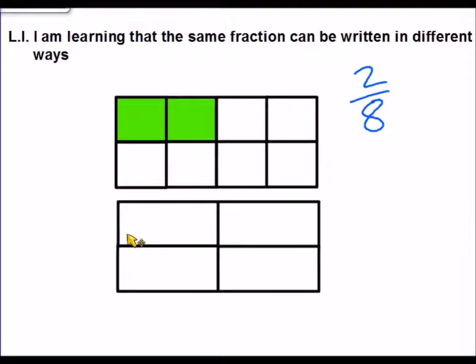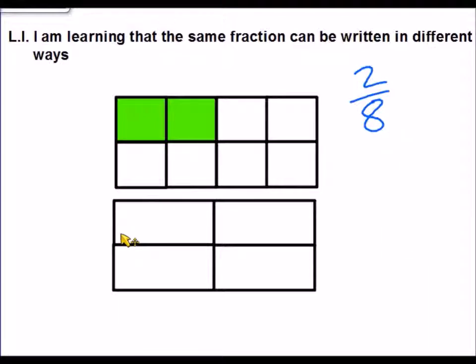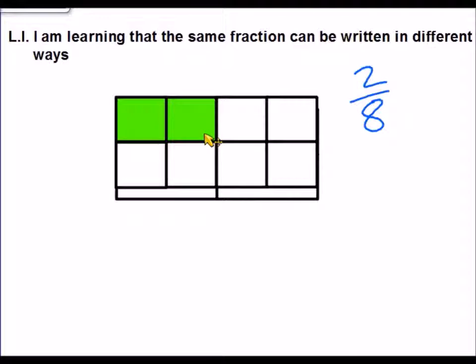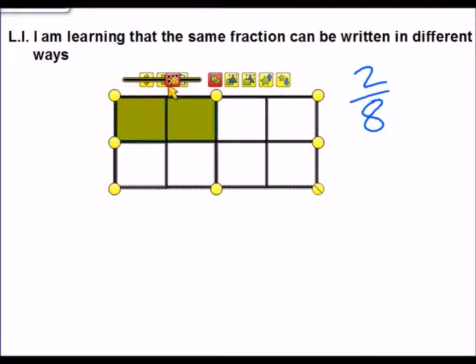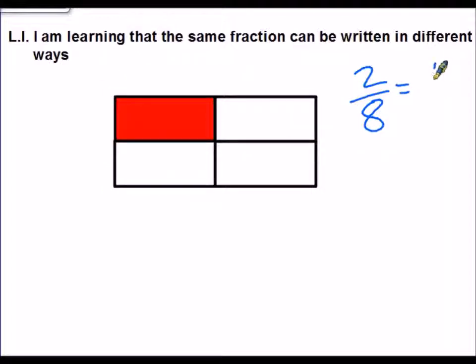So if I pull out a quarter here, we should see that the 2/8 and 1/4 are actually identical. They are exactly the same as each other. So there's a quarter, there's 2/8. They are the same fraction. So we can easily say that 2/8 is the same as 1/4.